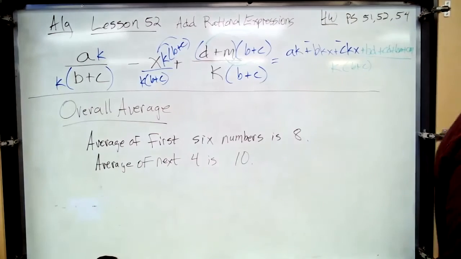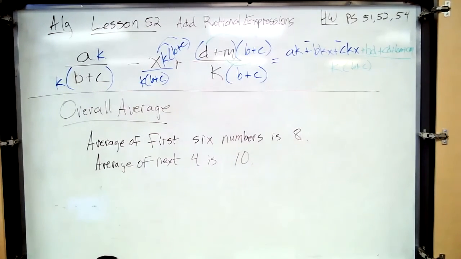So how do I calculate the overall average? I don't know any of the numbers. Can you just do 6 8s and 4 10s? Yes, you can, because the average of 6 8s is also 8. Either way, remember, if you know the average of 6 numbers, then you know the sum: you just multiply the average times how many numbers.